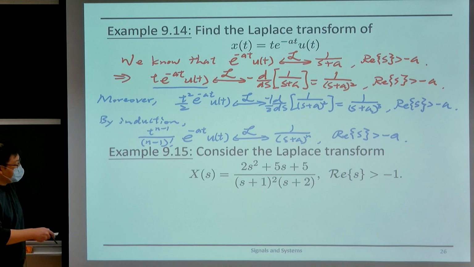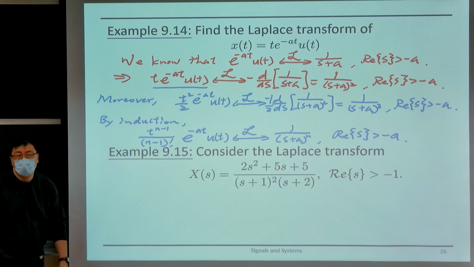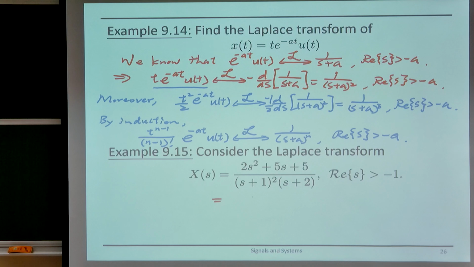If you look at the denominator, I should have a term of s plus 2, s plus 1 to the order 1, and also s plus 1 to the order 2. If you work out the details, this will give you 2 over s plus 1 squared minus 1 over s plus 1 plus 3 over s plus 2. So this is again by partial fraction expansion.